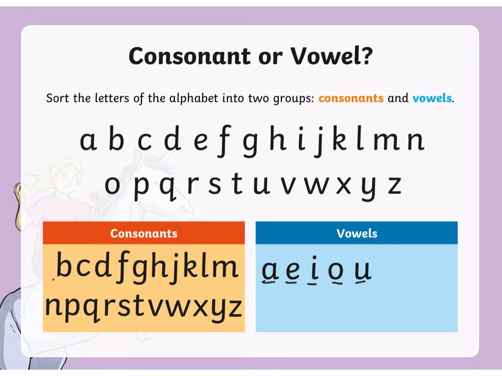Consonants are B, C, D, F, G, H, J, K, L, M, N, P, Q, R, S, T, V, W, X, Y, Z. So there are total 26 letters, in which we have 5 vowels and the rest are consonants.